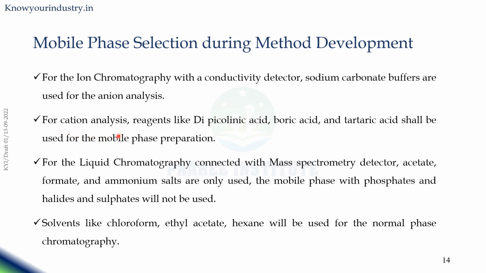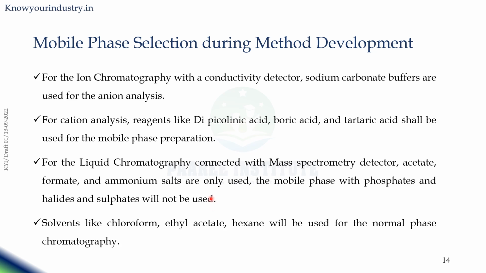In case of cation analysis, reagents like dipicolinic acid, boric acid or tartaric acid can be used for the mobile phase preparation. In case of liquid chromatography connected with a mass spectrometry detector, LCMS, acetate and formate ammonium salts only should be used in the mobile phase. Salts like phosphates, halides and sulfates cannot be used for LCMS methods.